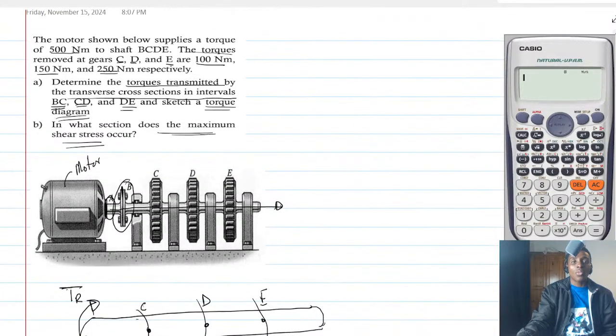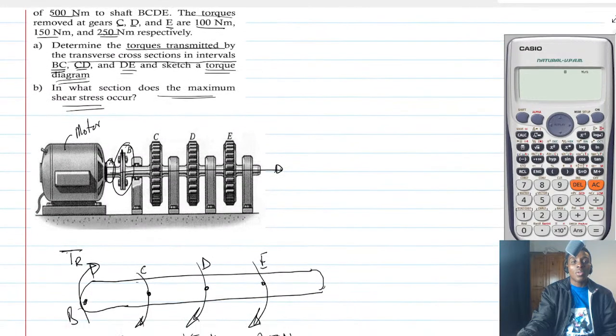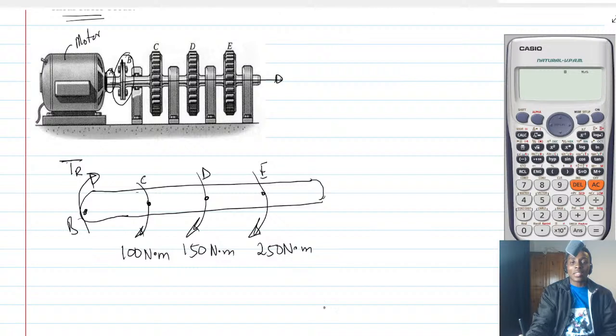Then let's look at it together. We can clearly see that for this problem, we have to sum torques, not just forces, because everything here is what? Torque or moment.